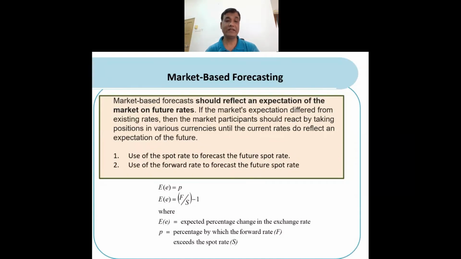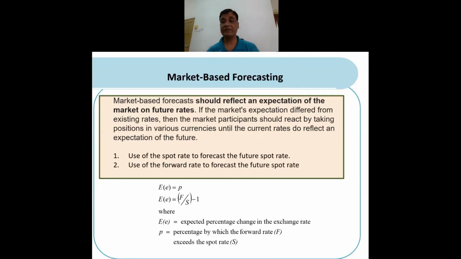Market-based forecasting. So basically, we say that the market should reflect an expectation of future rates. What we do here is look at the current spot rate and forecast the future spot rate. If the market's expectation differs from existing rates, then the market participants should react by taking positions in various currencies until the current rate reflects an expectation of the future.